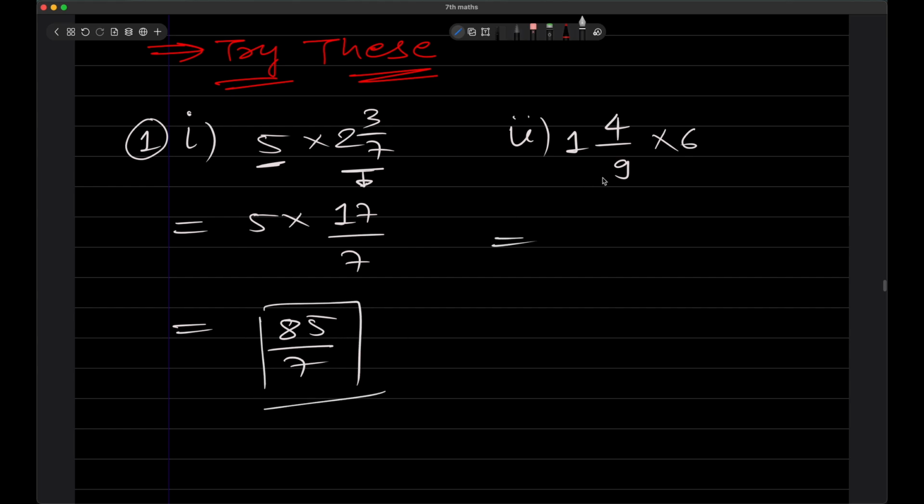In the second case, we convert this into an improper fraction, that is 9 into 1 is 9 plus 4, 13 divided by 9, into 6, and now the product of numerator 13 into 6 is 78 divided by 9.